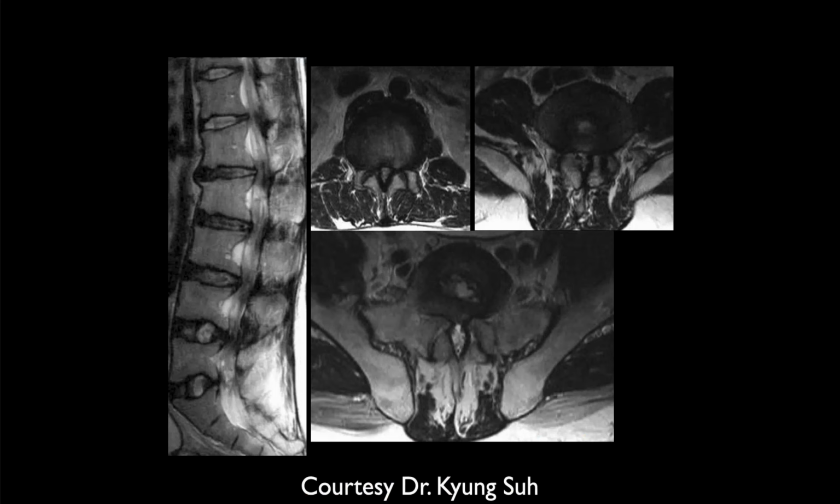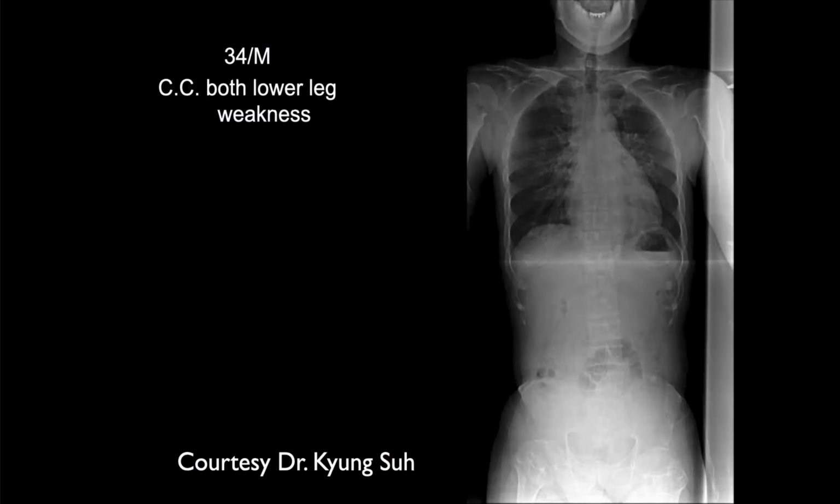So it looks like at L5-S1, there's degenerative disc disease, but the thing to notice here is that at each of these levels, you have kind of a protrusion of the edges of the vertebral bodies into the neural canal with central stenosis at every level here. So what might you be thinking of?